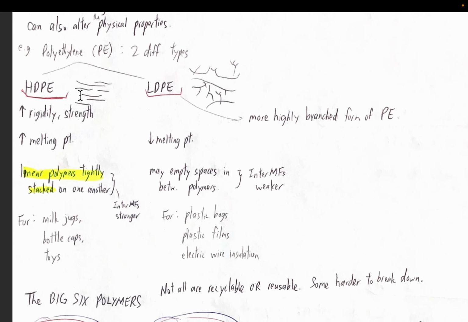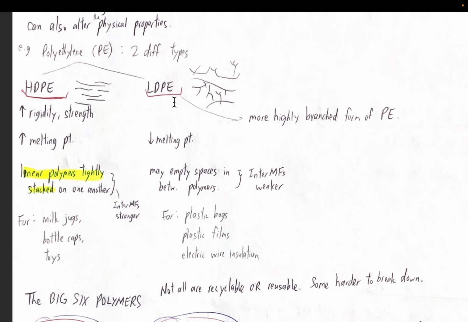For HDPE, they're basically linear polymers that are tightly stacked on one another. This is what it looks like in illustration form. So basically, the intermolecular forces are stronger. So this is usually the kind of material you use for the production of milk jugs, bottle caps, and toys.